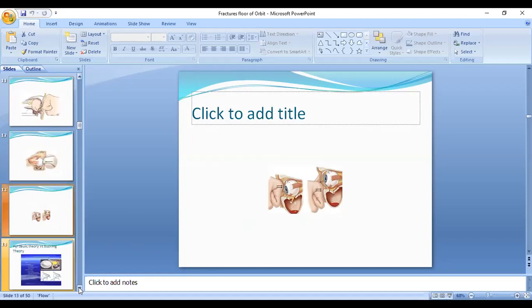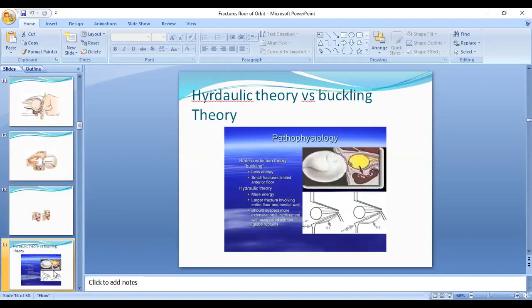For this slide, I will explain it with the help of the hydraulic theory versus the buckling theory. The buckling theory, which is also called the bone conduction theory, involves less severity or less energy.